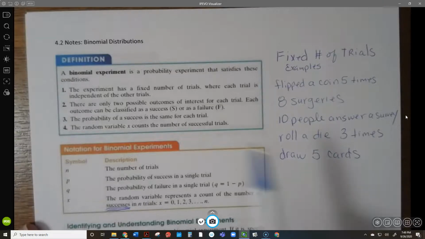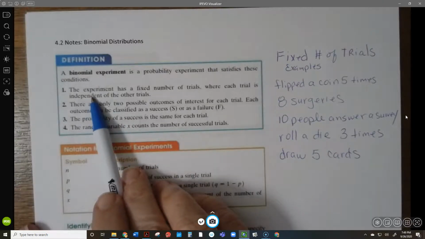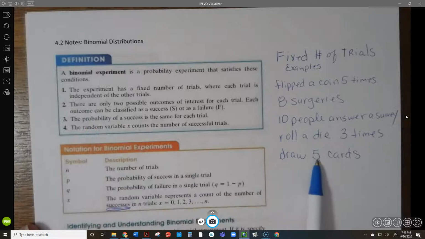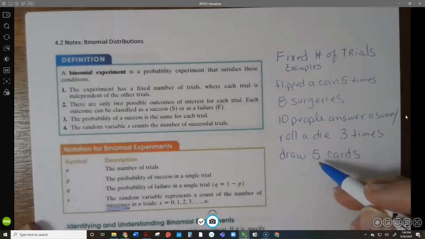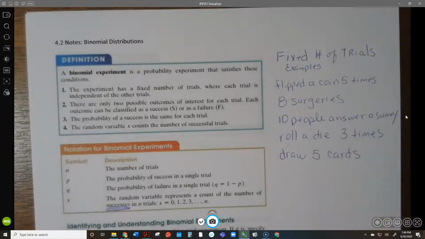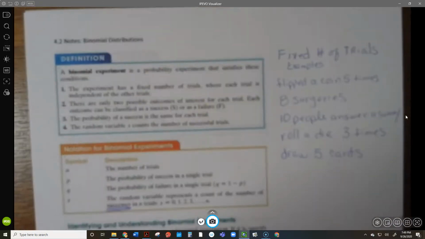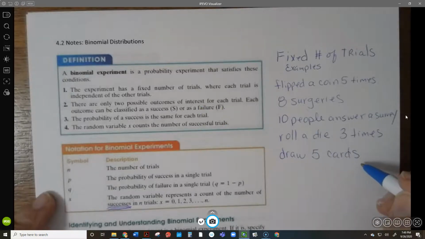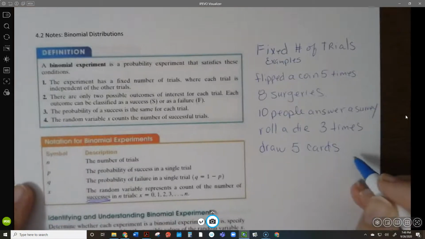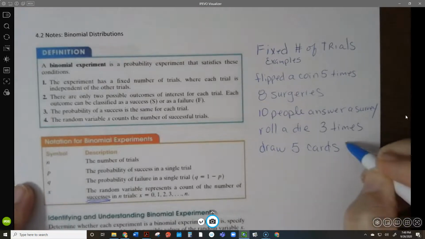But before you know whether or not they're independent of each other, I have to tell you whether or not the cards are replaced. So think about it for a second. I'll explain it in just a second. Are the cards going to have to be replaced in order for this to work? The answer is yes. We're going to draw 5 cards, but we have to have it with replacement.